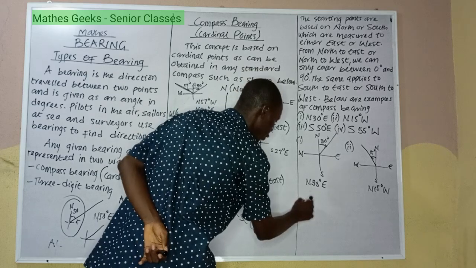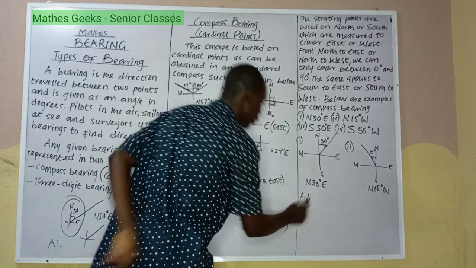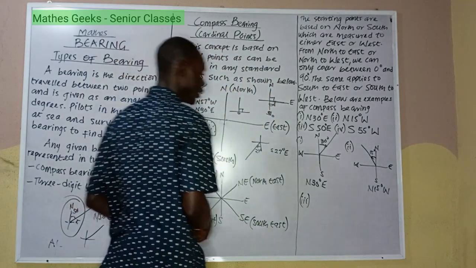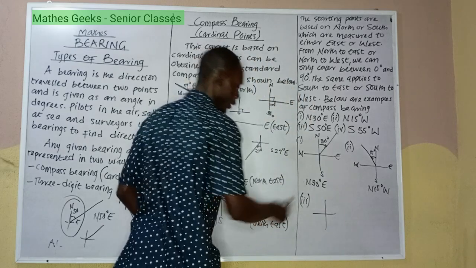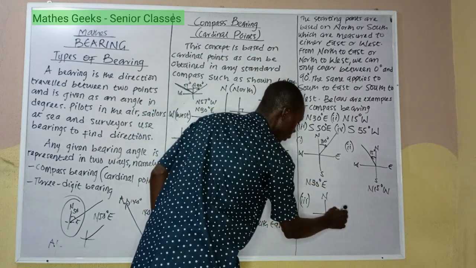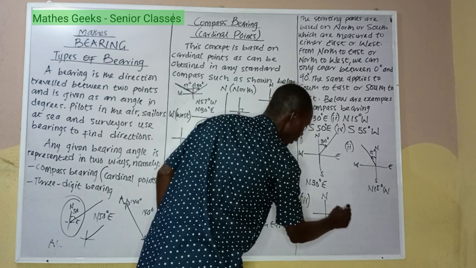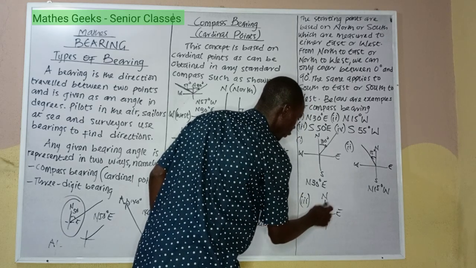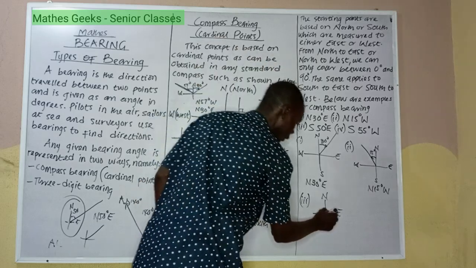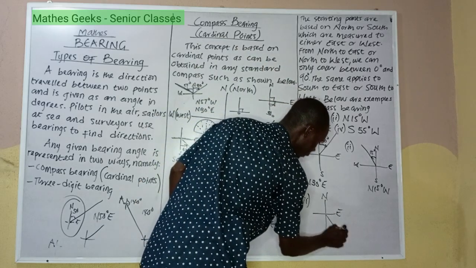Okay, then number 3, south 50 degrees east. South 50 degrees east indicates that the movement whose bearing we are looking for is between the south and the east. So which means it's going to be in this plane.